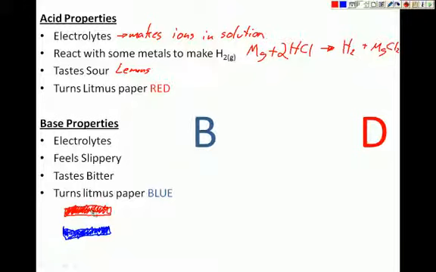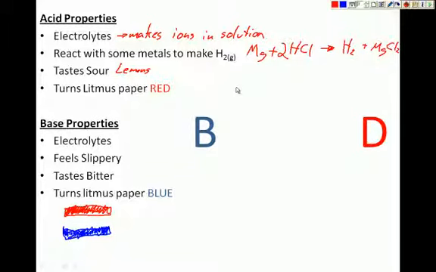The red litmus paper will stay red. But if we take the red litmus paper and put it in a basic solution, it will turn blue. So again, both of these litmus papers will turn red in acid, and both will turn blue when put into a basic solution.